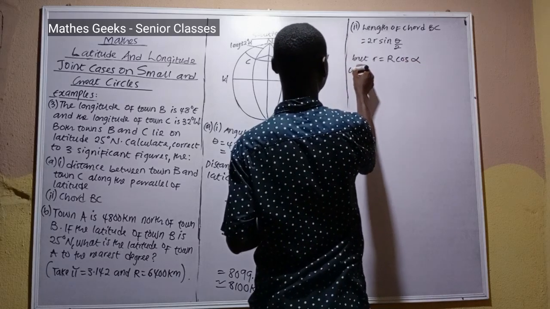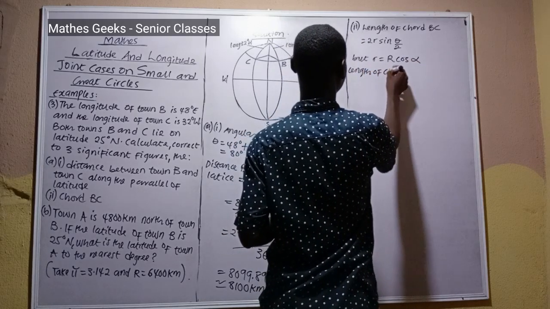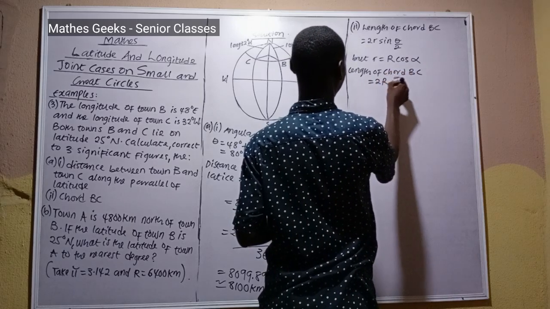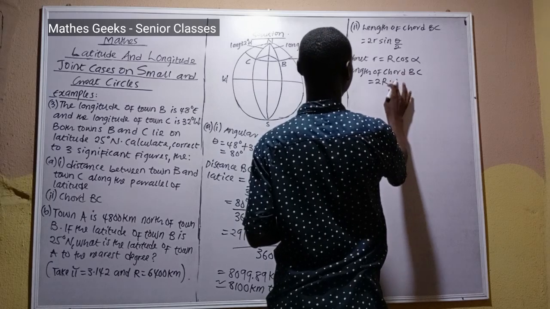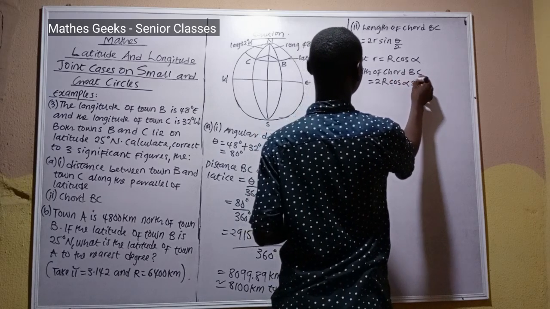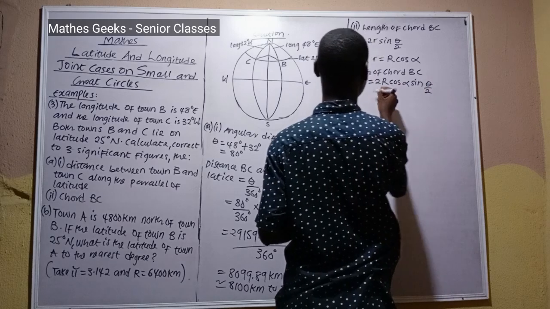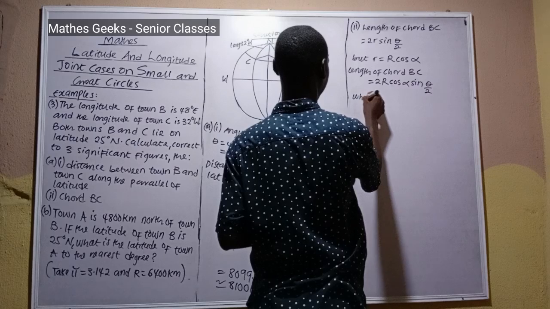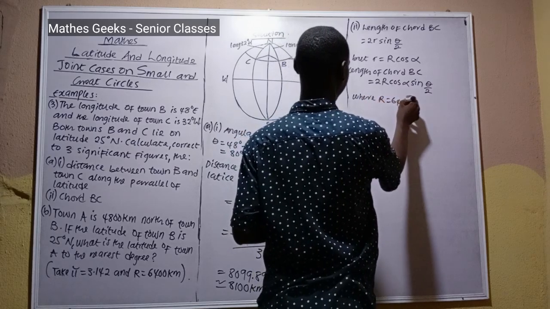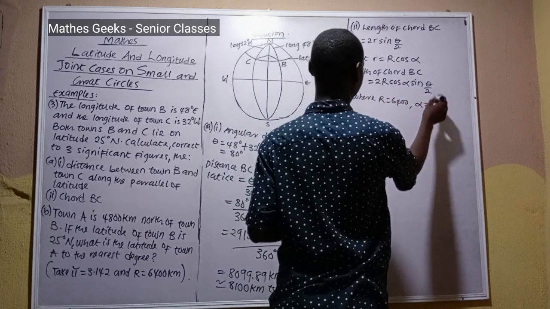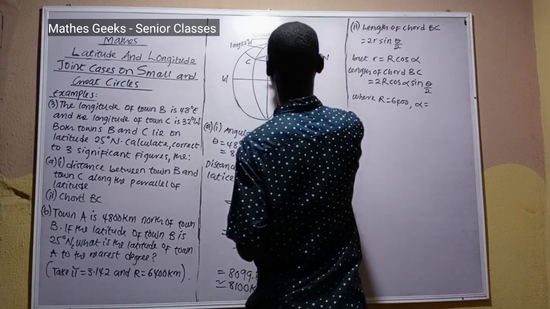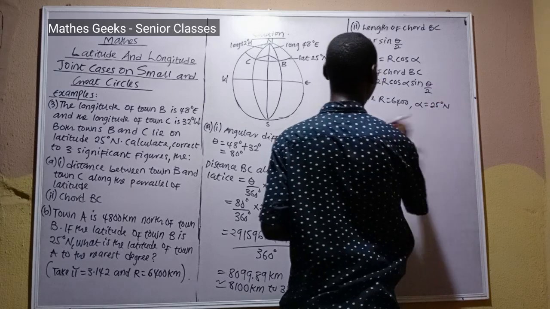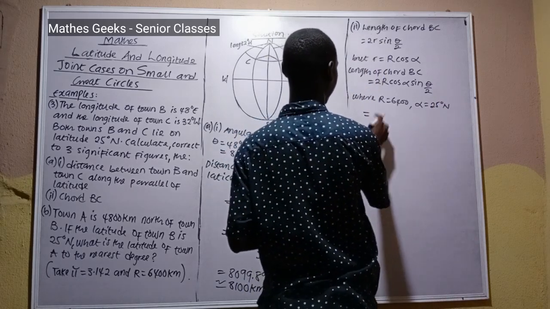So length of chord BC is equal to 2r cos alpha sine theta over 2. And so where r is equal to 6,400 and alpha is equal to the line of latitude on which both B and C are lying, 25 degrees north.